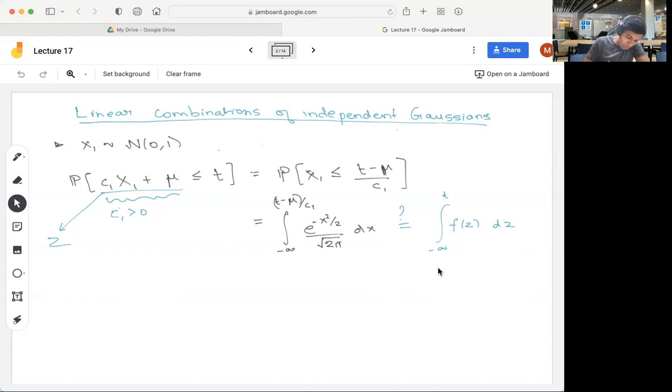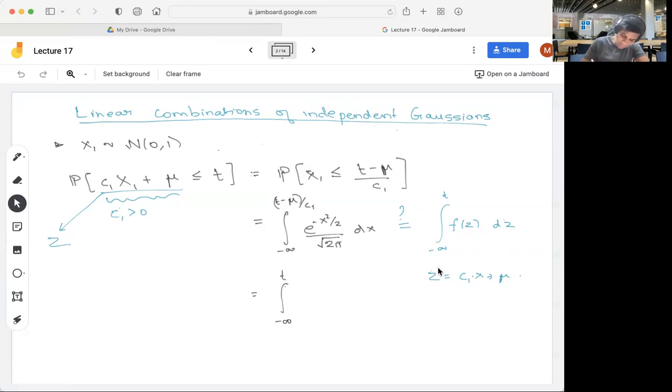And so all we need to really do is just change the limit in the integral, and that can be achieved by a change of variables. So let's substitute z is equal to c1 times x plus mu in the integral. So the integral now goes from minus infinity to t.